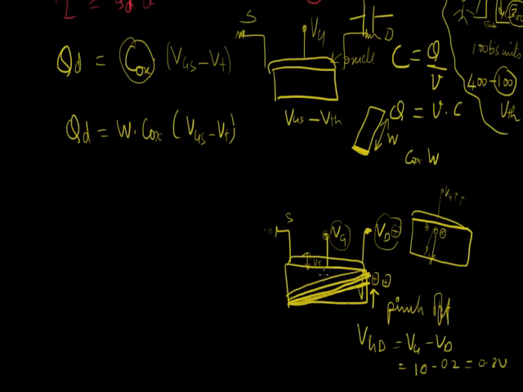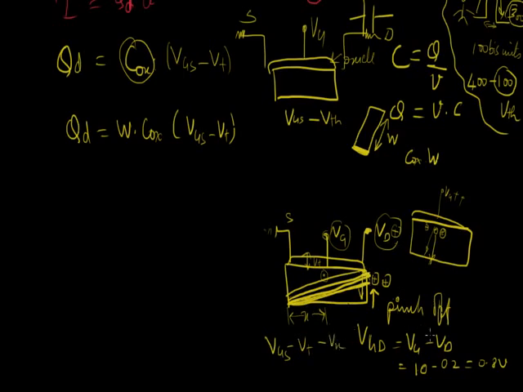So let's consider an electron right at the center, or at a distance of x from this place. Because there is a change in voltage, let's say the effective voltage here for the electron is VGS minus VT. But since it is at a distance x, let's call it Vx instead of Vd.